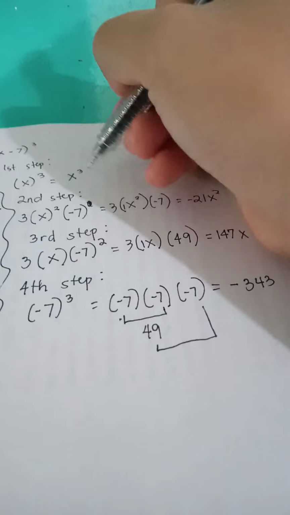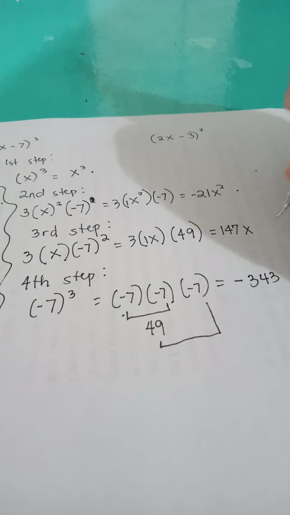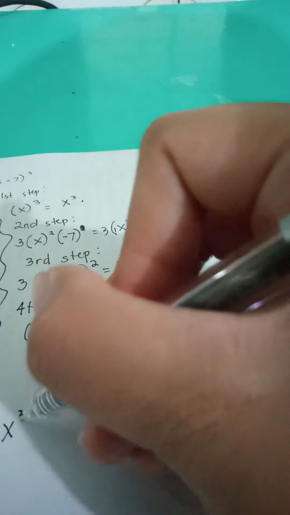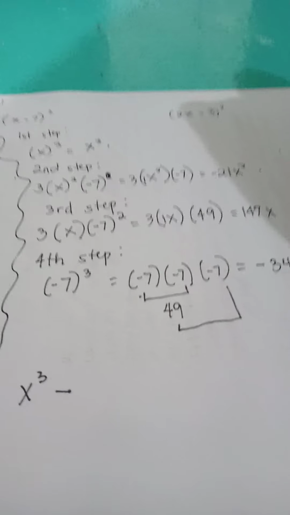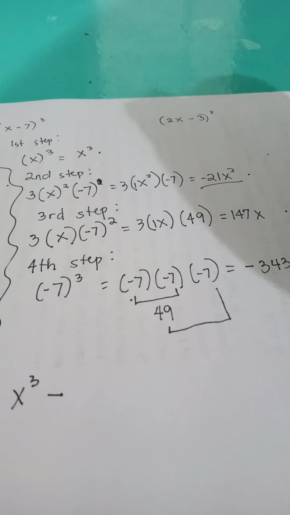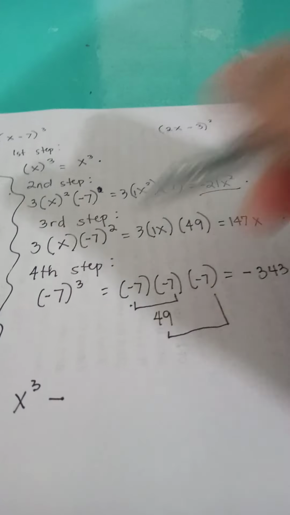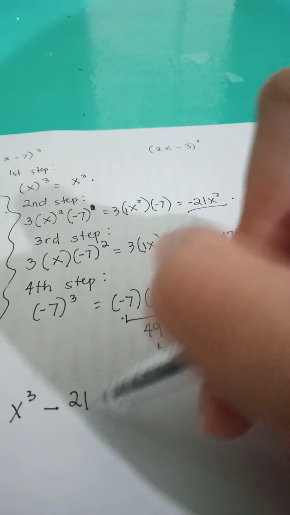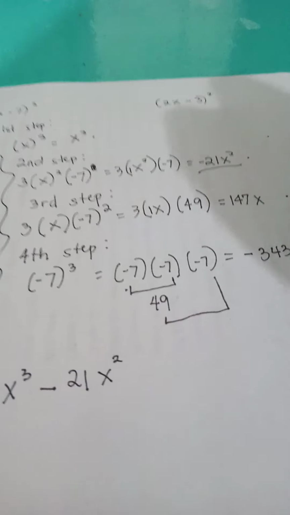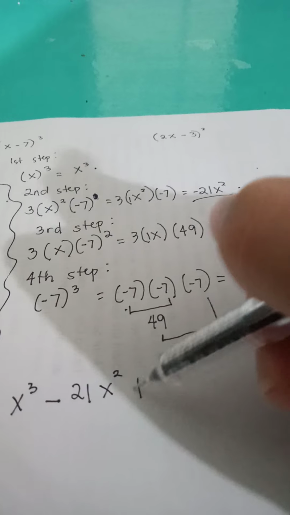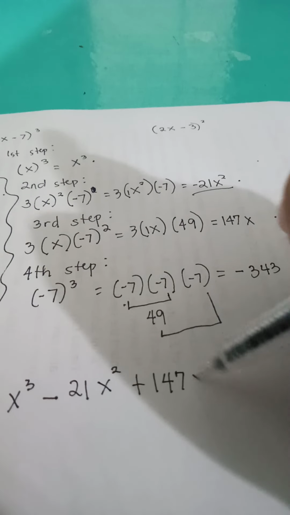Now, we are going to write the first step, second step, third step, and the fourth step. So, that is x to the power of 3 minus, kasi yung operation natin dito, yung sign natin dito is negative. So, that is minus 21x squared. Next, plus, kasi positive siya. So, plus 147x.